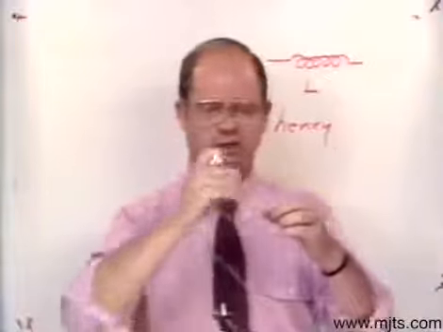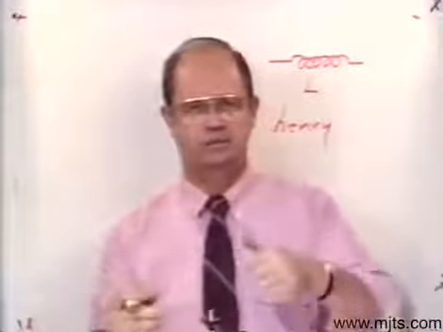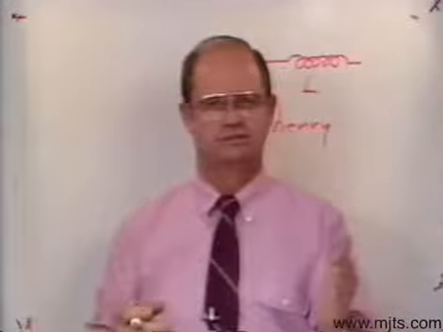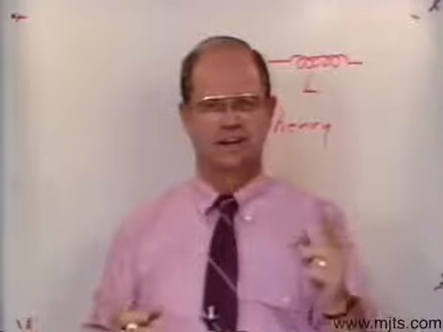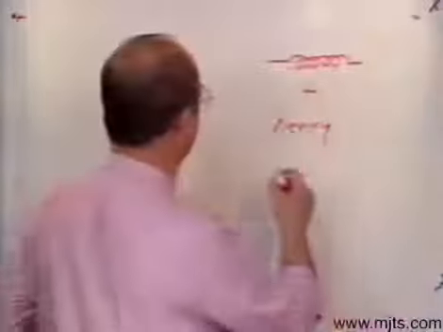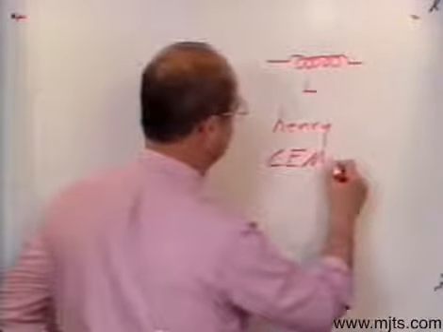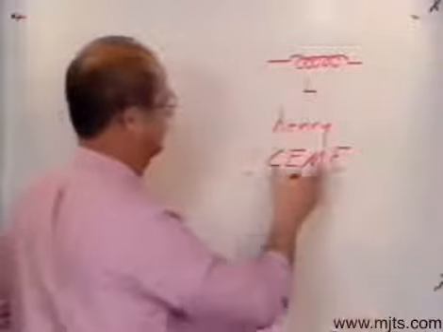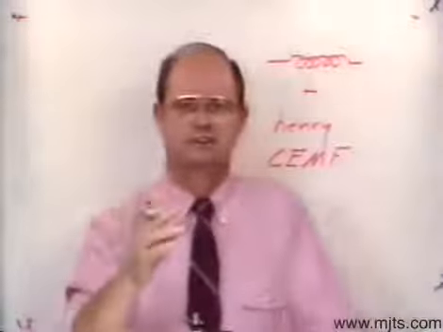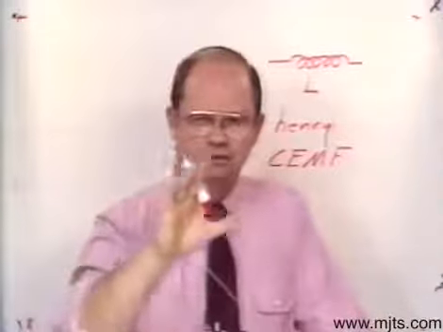Because the turns of wire are wrapped close to one another and I've got a changing magnetic field, I have flux lines cutting itself. That in turn creates what we call a counter electromotive force, or sometimes referred to as a back voltage. Now that back voltage is opposite in direction.